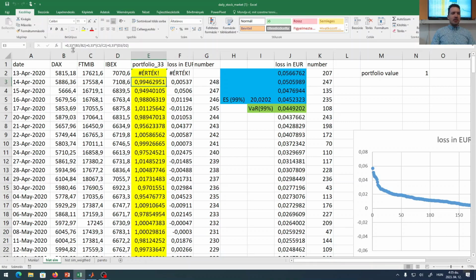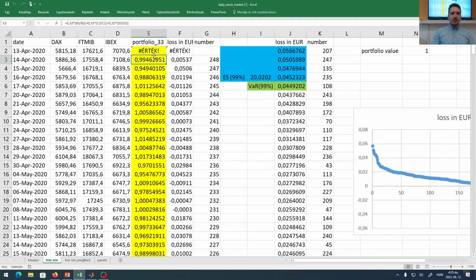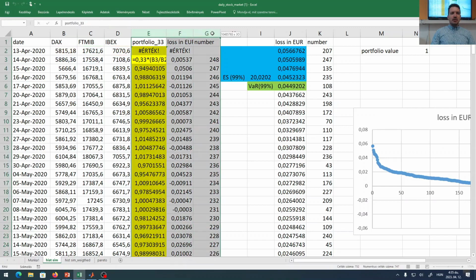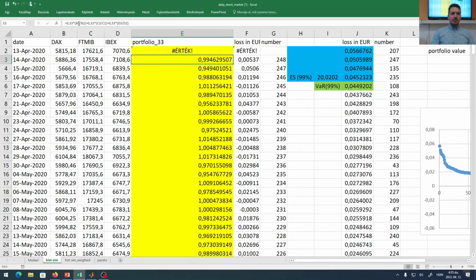So the mixture ratio is 33%, and we are just checking the changes. These are the prices, and after that we are looking at the returns.